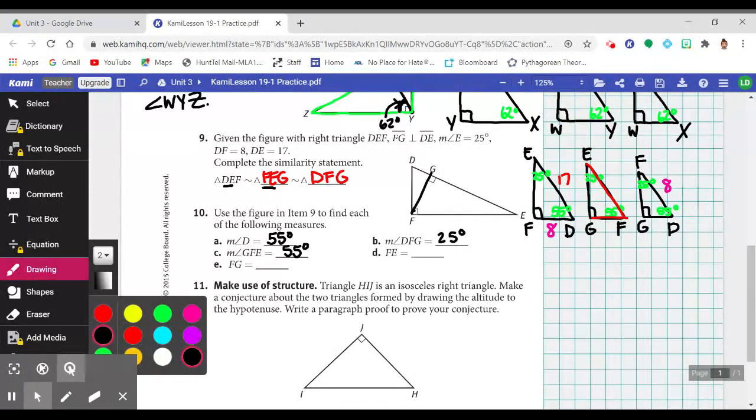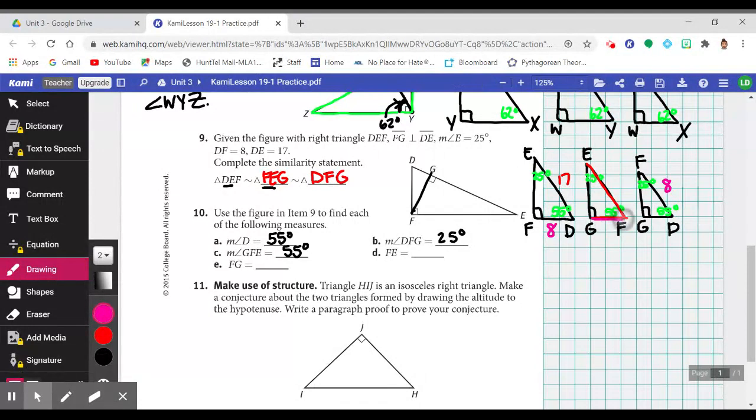So let's start by solving FG. You can either look in the diagram or up here, and we see that FG corresponds to EG. FG of the small triangle corresponds to EG of the medium triangle, so we could figure that out here.